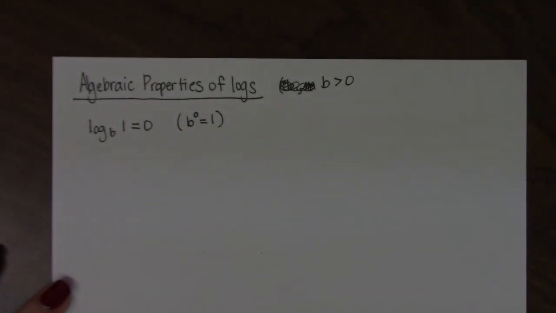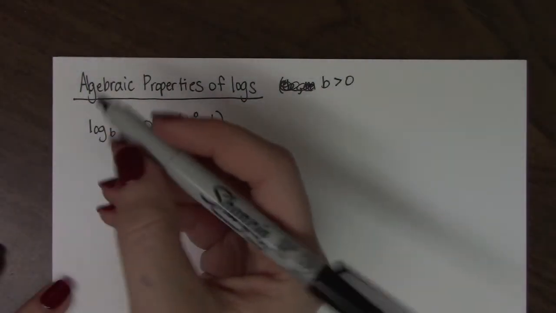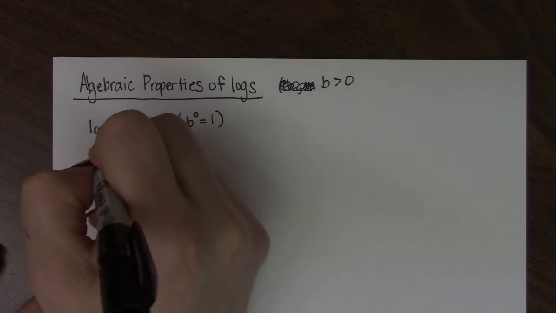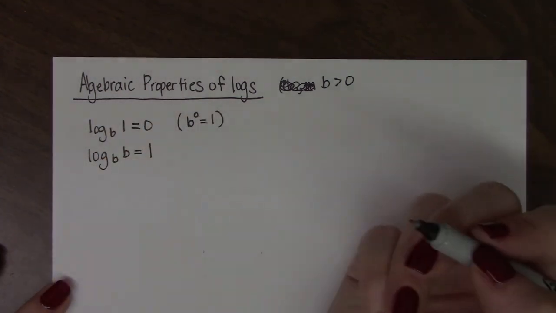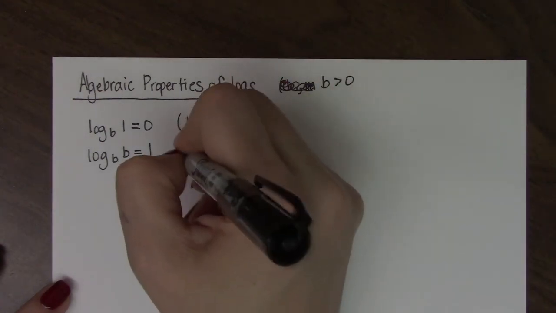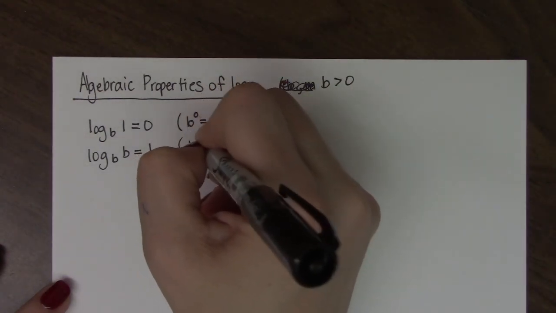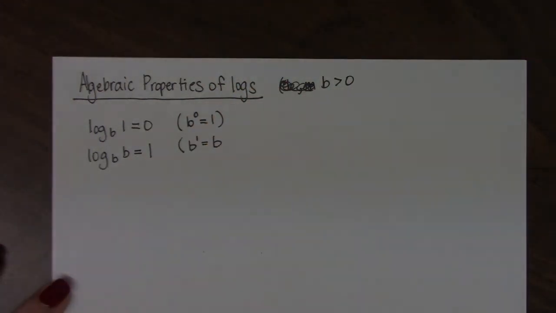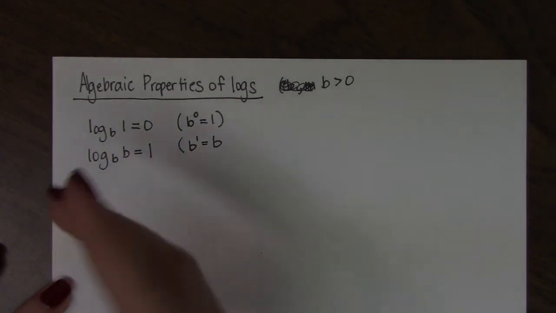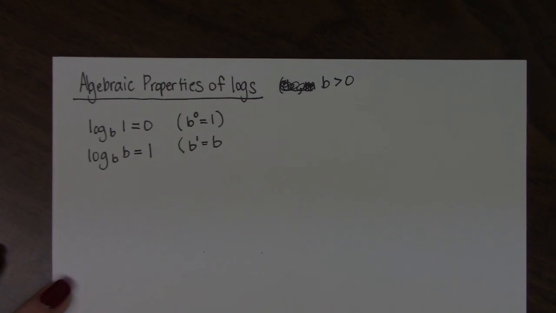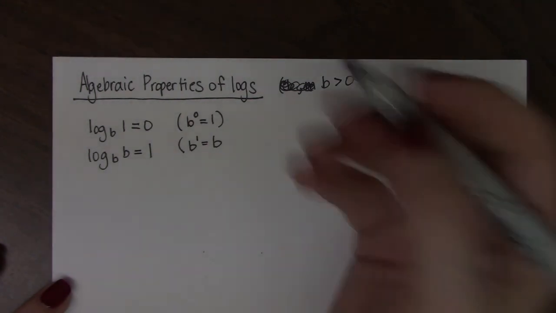That's why this is true. We can also say that log base b of b is 1, and that's because b to the 1 equals b. We can always say that's the base, and then you flip the order of those two numbers when you plug it in.